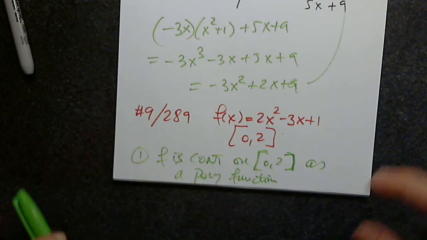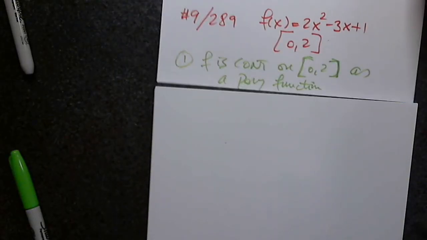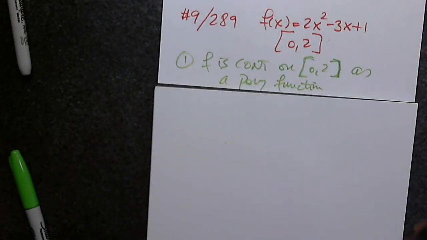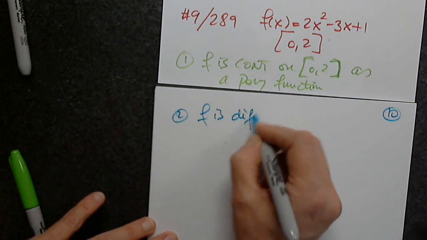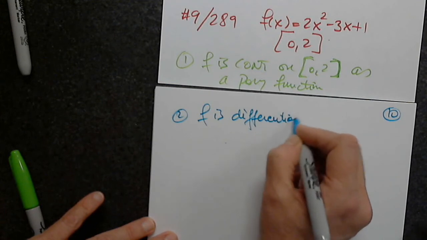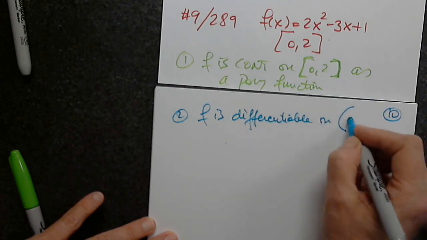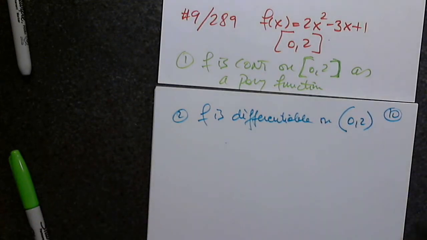I have to write number 2, that f is differentiable on the open interval 0, 2. What does that mean? We don't care if it's differentiable at the endpoints. We really don't. That's not the point.